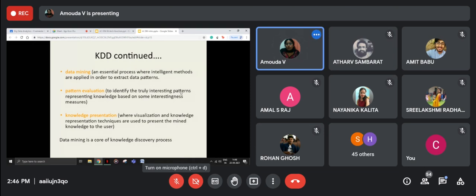But we need to have an algorithm for different kinds of tasks. The data mining word puts all the tasks together, but we have different types of tasks.